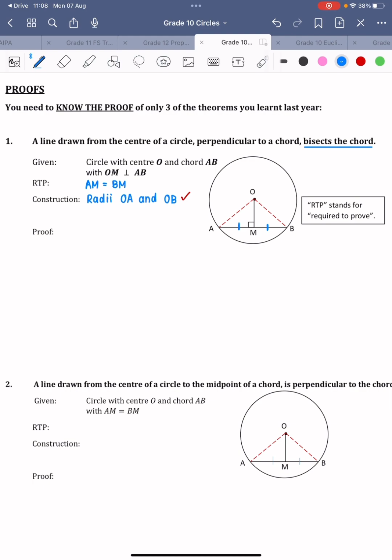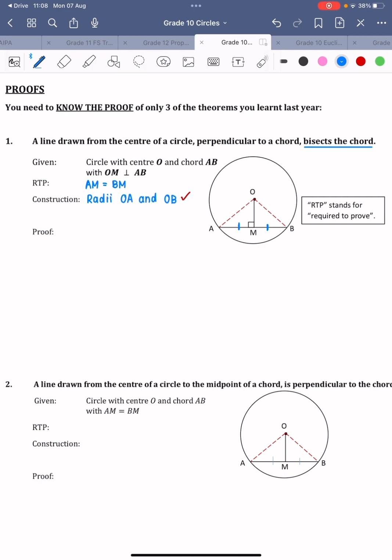What is that angle going to be? OMB is also going to be 90. How do I know that? They told us that OM is perpendicular to AB, meaning that both of those angles are 90 degrees, right? So we have a hypotenuse, we have a right angle, and then guys, look at OM. OM is a common side between the two triangles. So we're going to use RHS, right angle, hypotenuse, side, to prove that these two triangles are congruent.